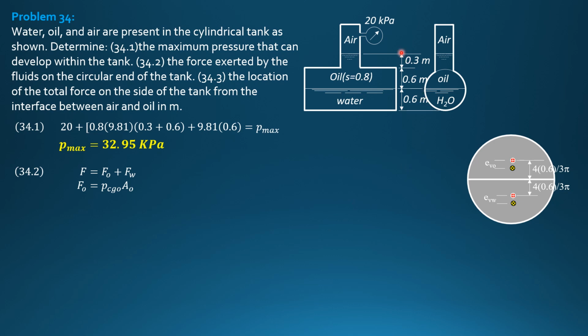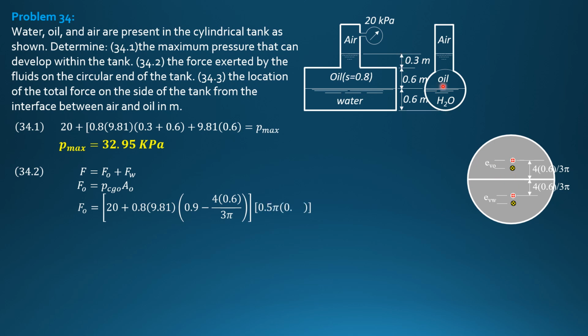Now, beginning with 20, the pressure at the centroid of oil is 20 plus 0.8 times 9.81 times quantity 0.9 minus 4r over 3 pi. So FO is 20 plus 0.8 times 9.81 quantity 0.9 minus 4r over 3 pi.